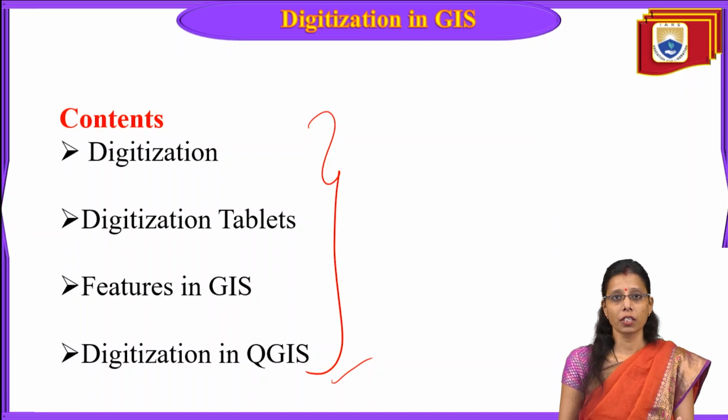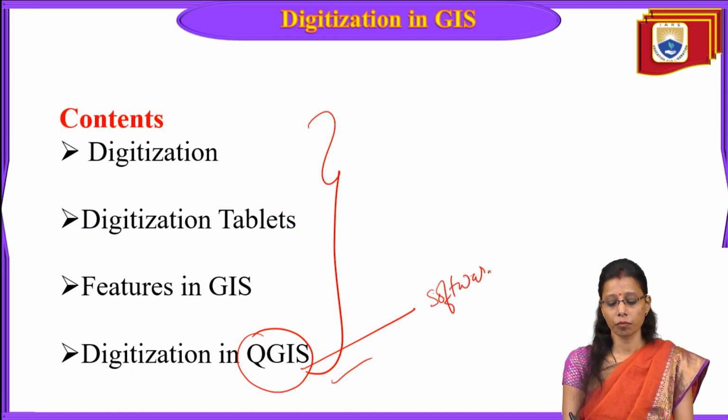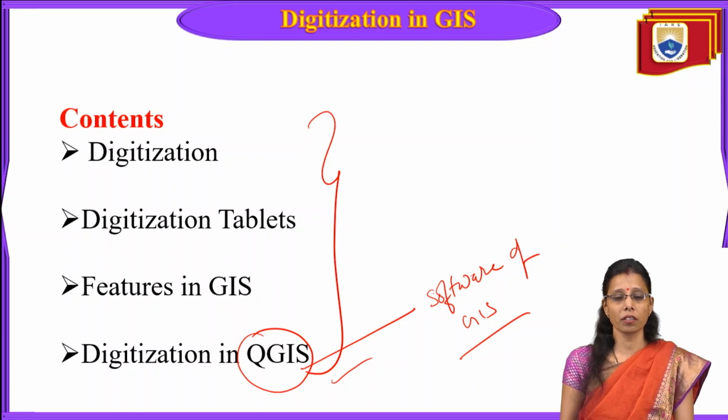Now today we are going to see QGIS. QGIS is also GIS software, which is freely available on the internet. We can download it, and it is a basic version where we can practice the digitization process.